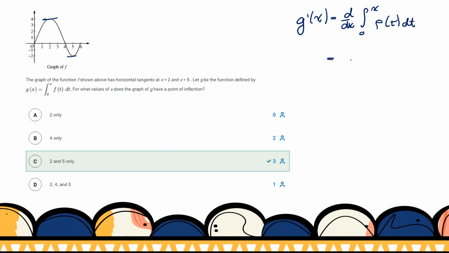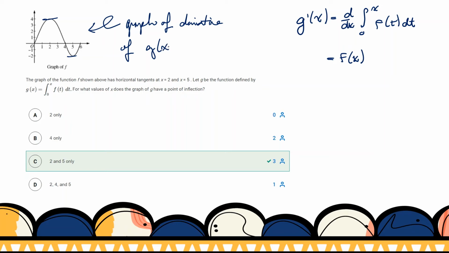So that g prime of x just equals f of x. So this is actually the graph of the derivative of g of x. It is not g of x.